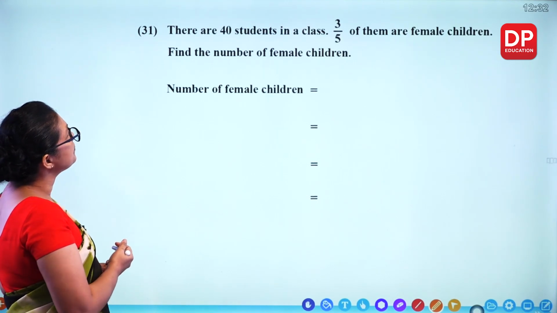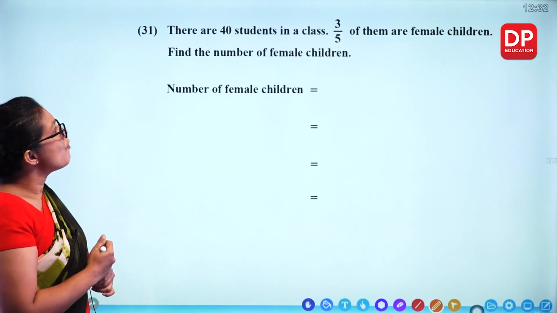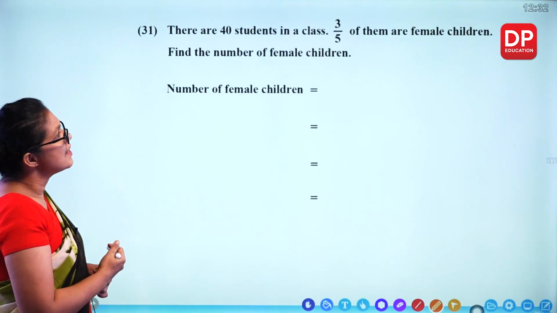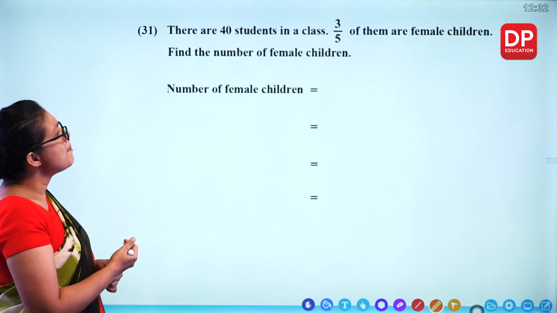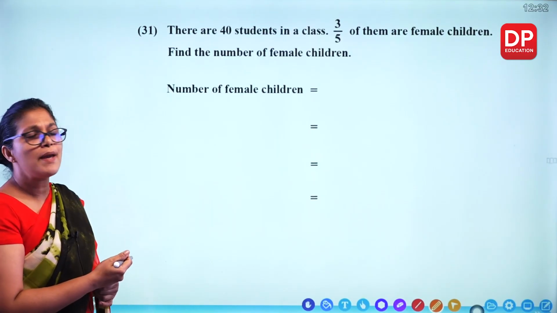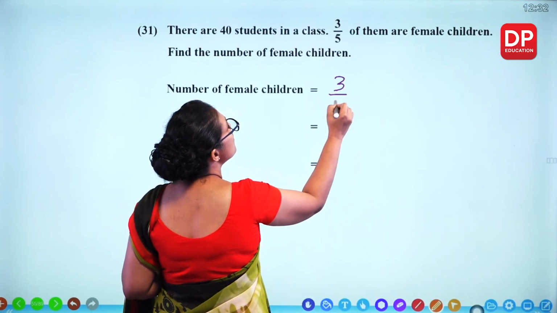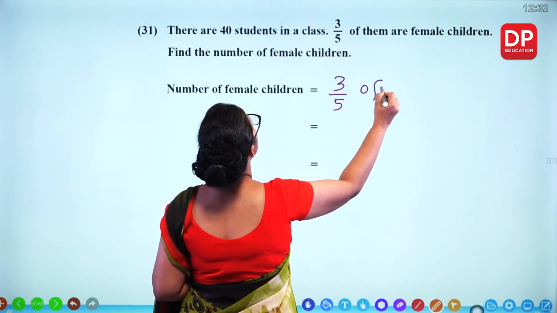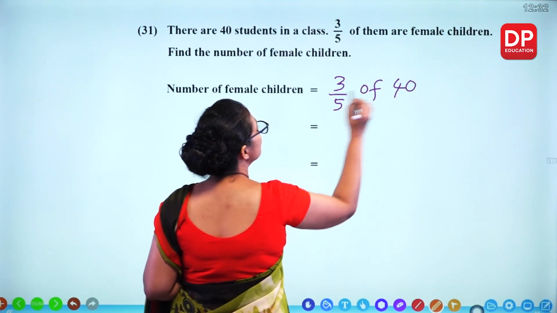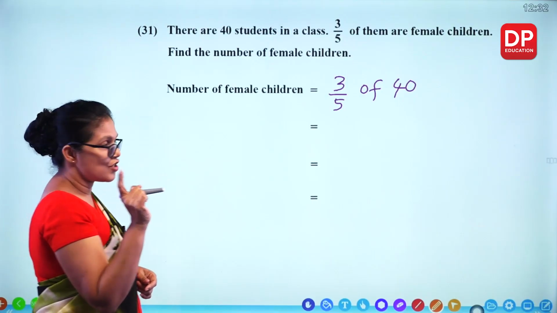Next question. There are 40 students in a class. 3/5 of them are female children. Find the number of female children. So that means they are asking 3/5 of 40. Of means multiplication.